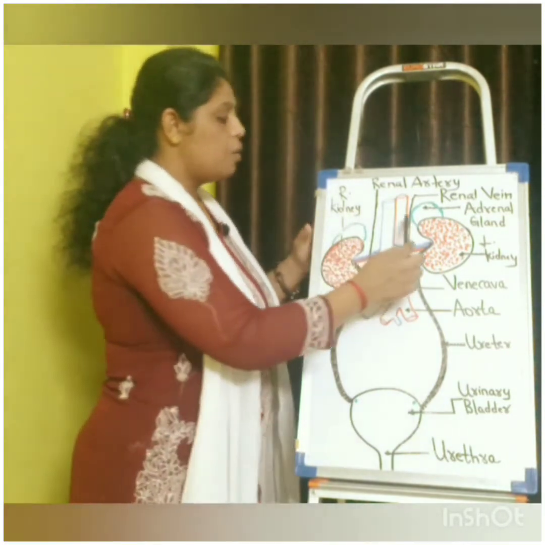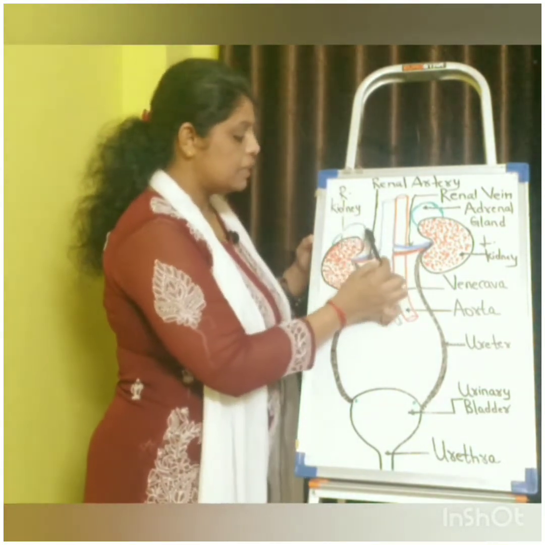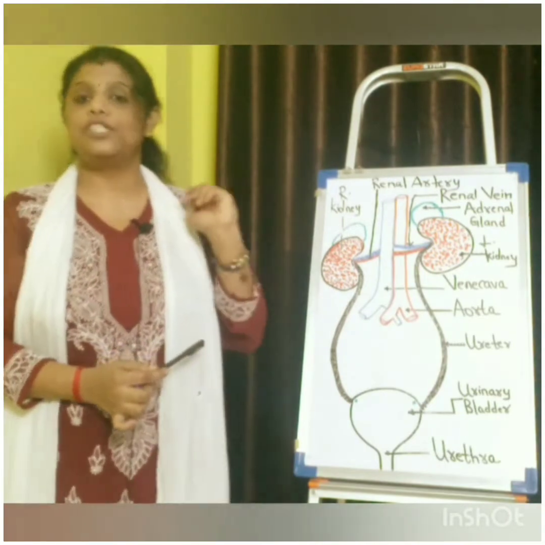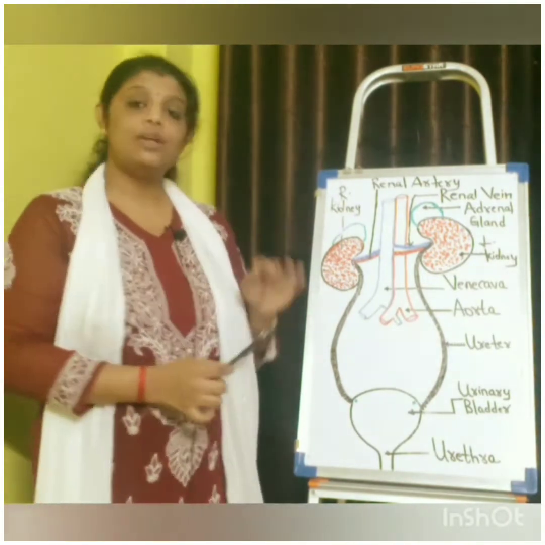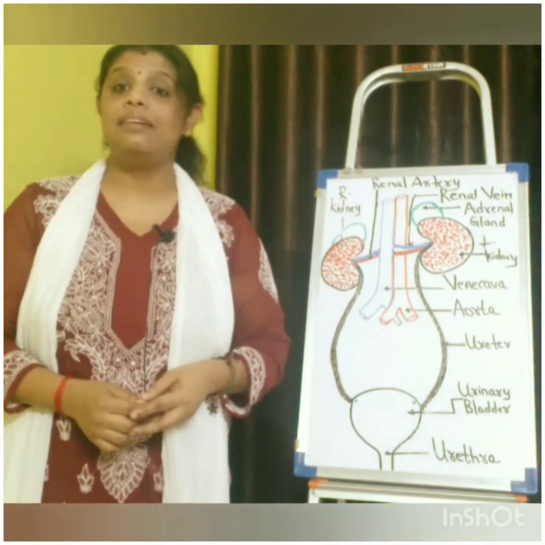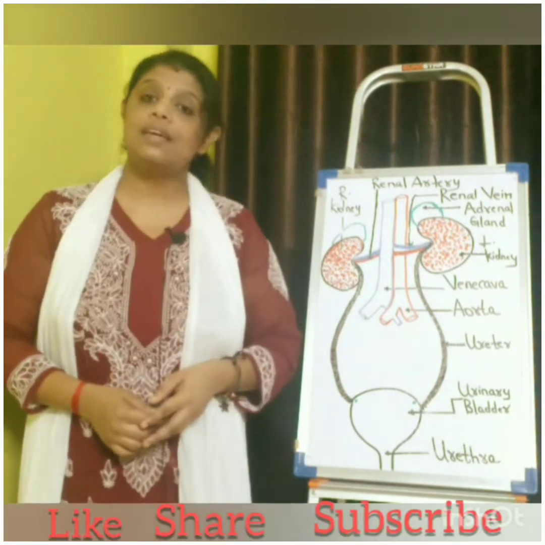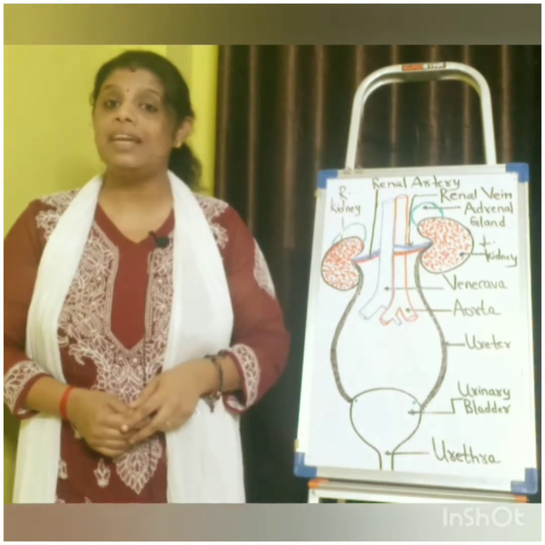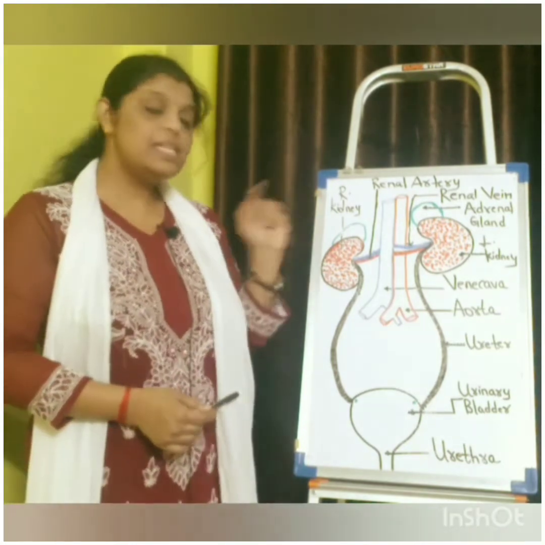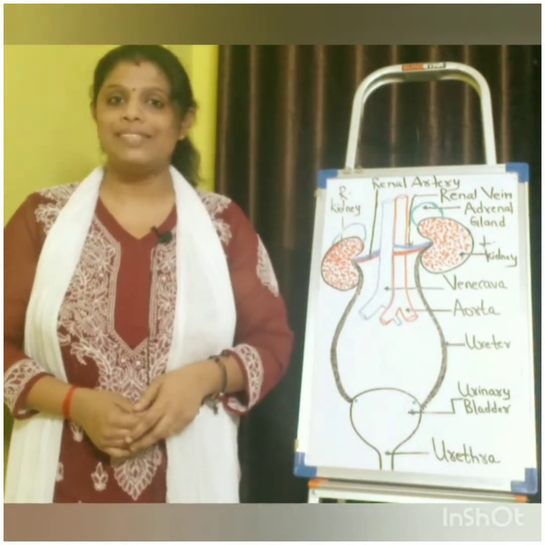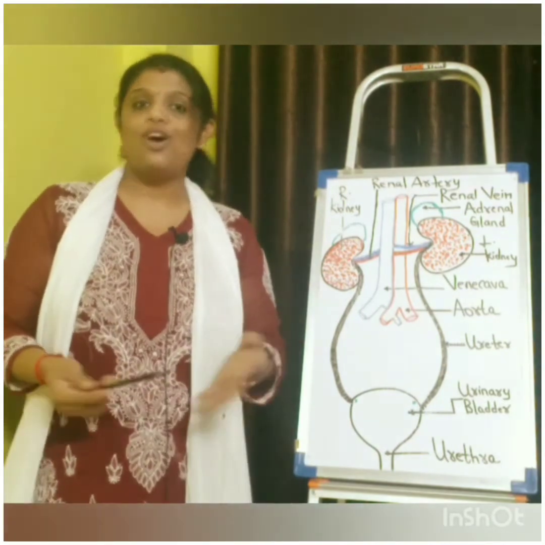Okay. Now, just above the kidney, there is a cup-like gland which is called the adrenal gland. It is a gland which secretes a hormone called adrenaline. This hormone is also called the hormone of fight or flight.